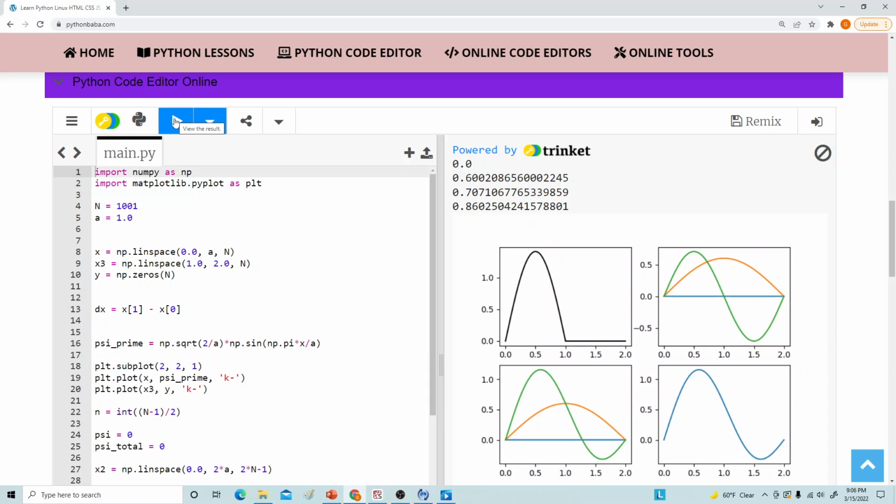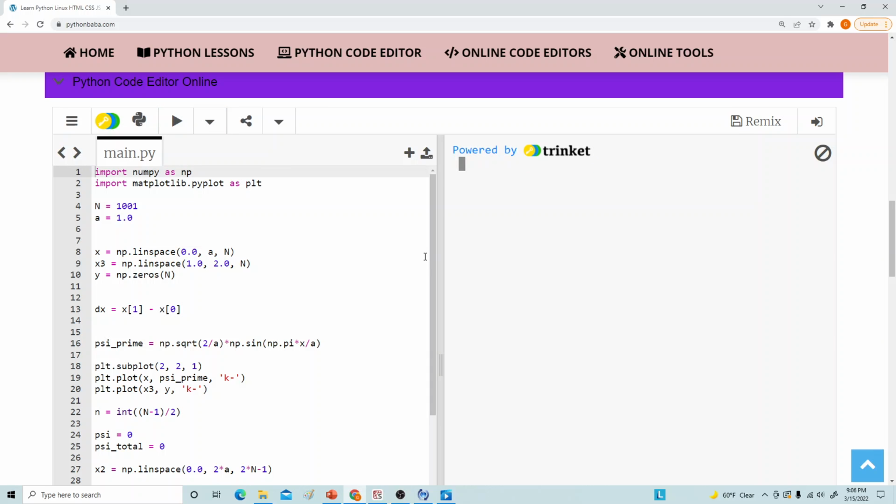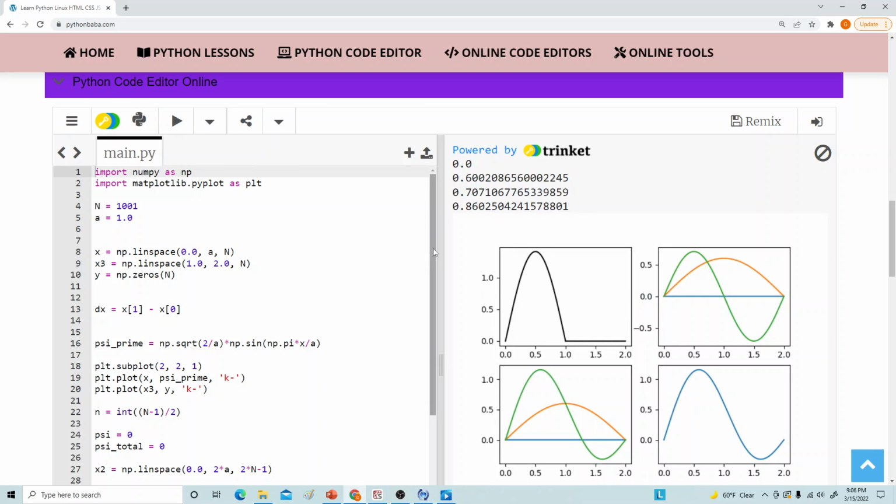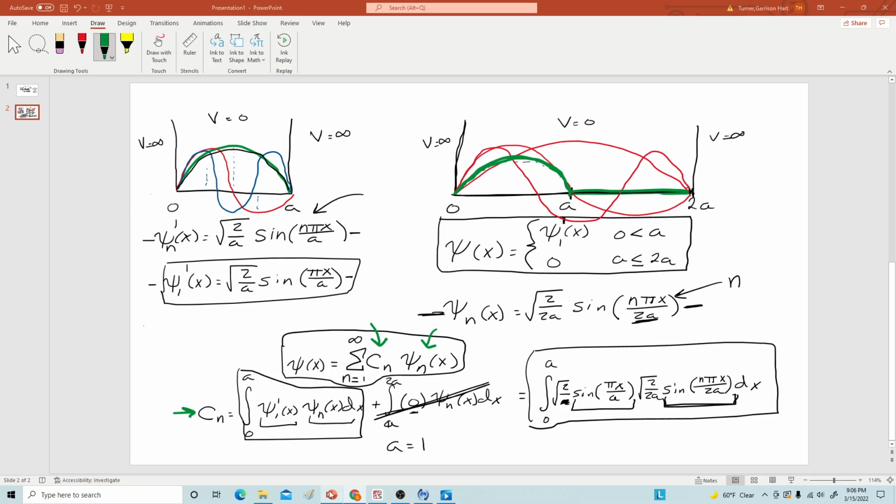And to explain just a little bit, first things first, if I run the code as is, this is what I get. This first plot just represents the state of the expanded well. Okay, this is the same plot as the green in this graph right here.